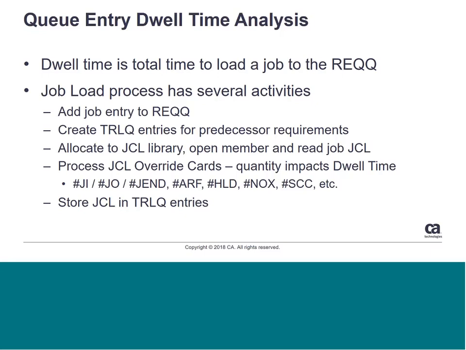The system has to allocate to the JCL library. You have to open the member, read in the job JCL from whichever library number is being processed. It then will process through any JCL override cards that you might have. How many you have could impact your dwell time.